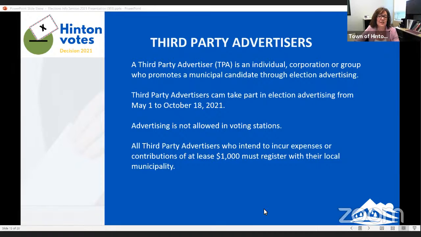Third-party advertisers can take part in election advertising from May 1st to October 18th, 2021. Advertising is not allowed in voting stations. All third-party advertisers who intend to incur expenses or contribute at least $1,000 must register with the Town of Hinton.